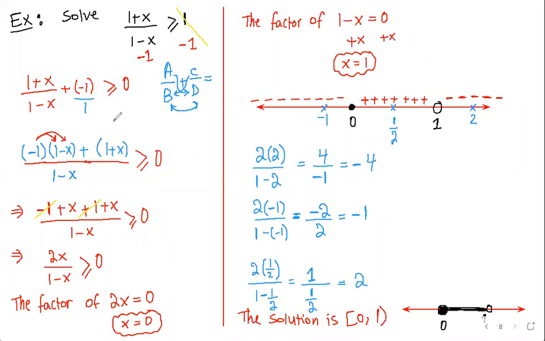This is what I did here. It's clear? So we cross multiply this one times this one, and again we multiply the 1 with this one over 1 minus x times 1. Make sense? Okay.